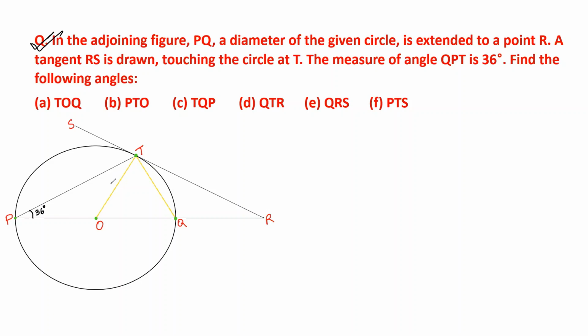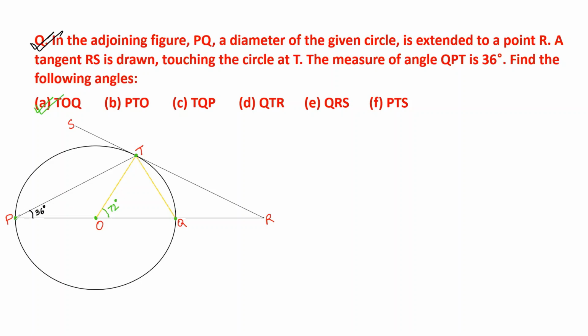And from the inscribed angle theorem, we know that the angle formed by any arc at the center would be twice the angle at the circumference. So if this angle is 36 degrees, then this angle would be twice of 36 degrees, that is 72 degrees. So angle TOQ is 72 degrees.